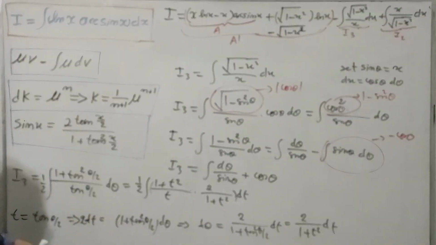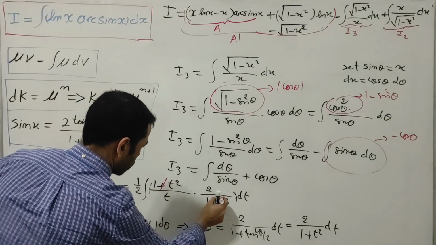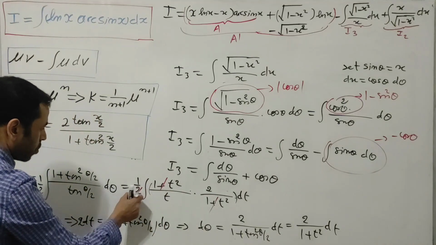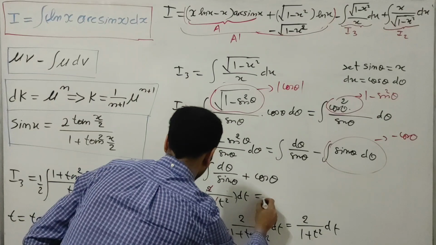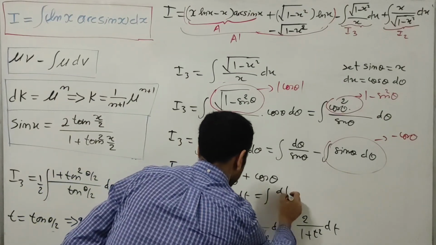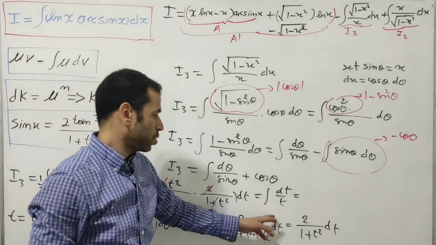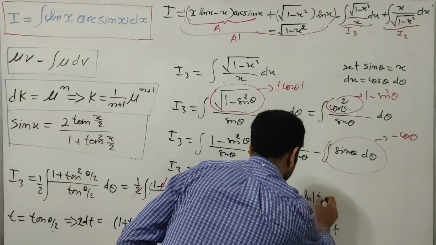So I will have a nice cancellation here. This 1 plus t square will be cancelled out with 1 plus t square, and this number 2 will be cancelled out down to the number 1. So I will have the expression dt over t. This one, it's very clear, is the natural log of t, which is the natural log of the absolute value of t.